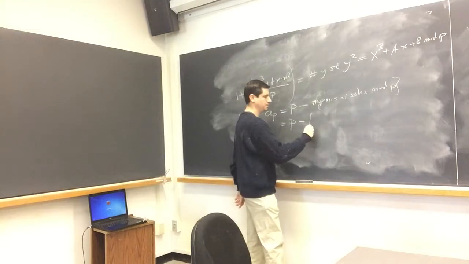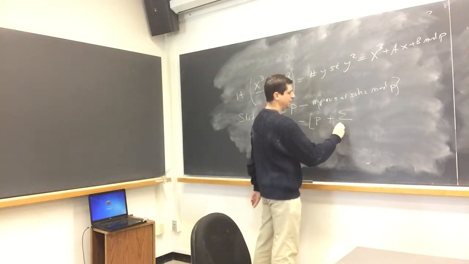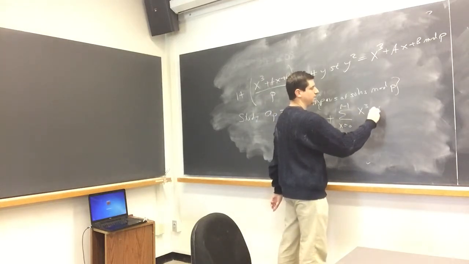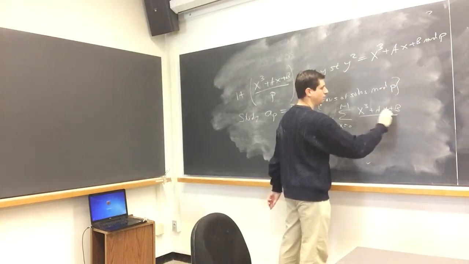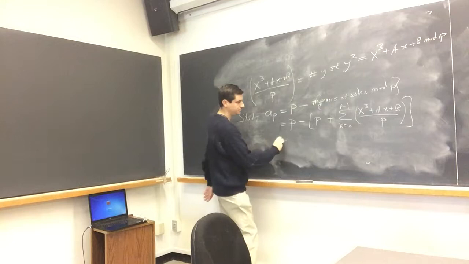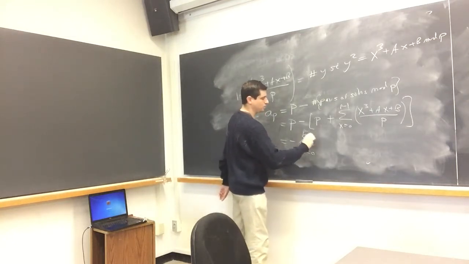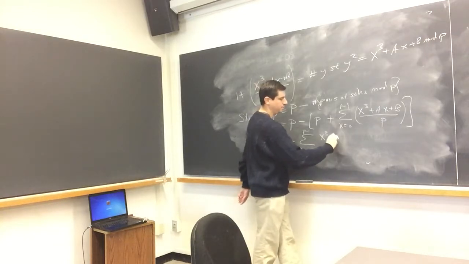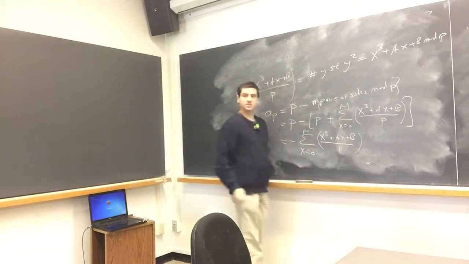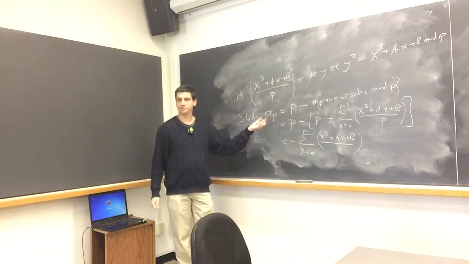That's just going to be p. And then we'll have plus a sum, x goes from 0 to p minus 1, of x cubed plus ax plus b on p. The p's cancel, and you get negative the sum, x goes from 0 to p minus 1, of x cubed plus ax plus b on p. So here's the Legendre symbol. This is giving me my a_p's.